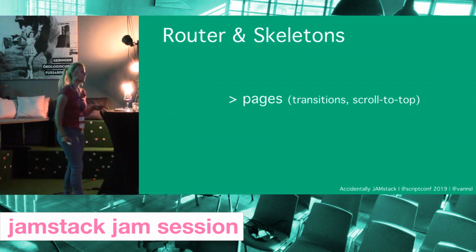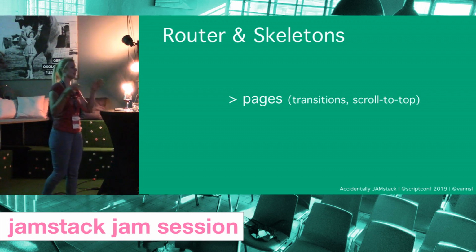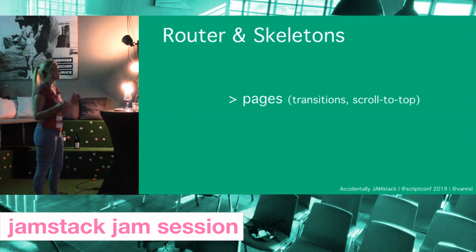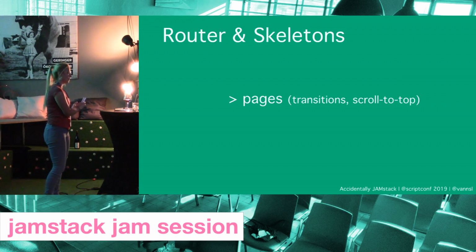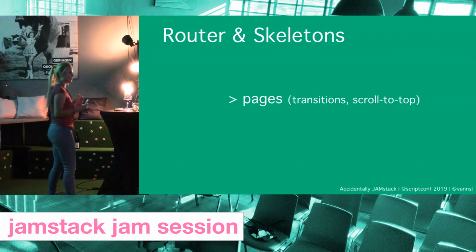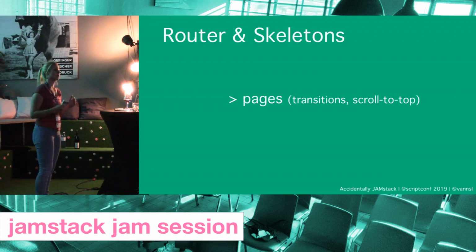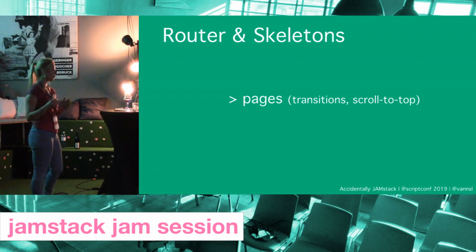You can have this pages directory. And every Vue single file component you put inside the pages directory will automatically be available on the web under the URL path. So if you have an index.vue in the pages directory, it will be the root landing page. If you have an imprint.vue in your pages directory, it will be domain.com/imprint.